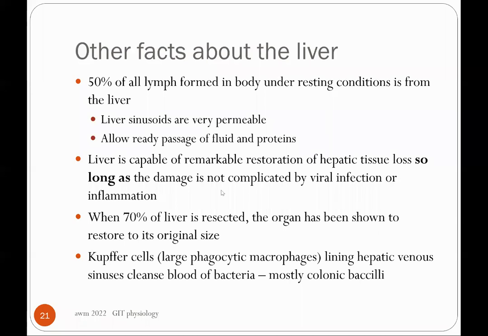And the liver is capable of remarkable restoration, as we said, so long as the damage is not complicated by viral infection or inflammation. Okay. And they say when 70% of the liver is resected, the organ has been shown to repair and restore itself to its normal original size. So it has a potential for repair and regeneration that is greater than other parts of the body.